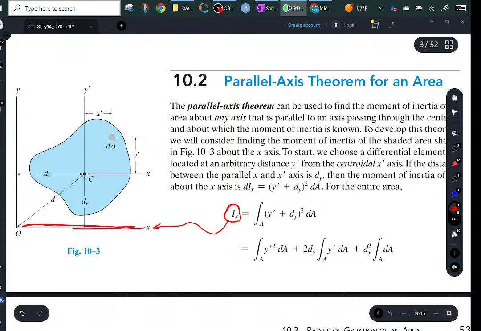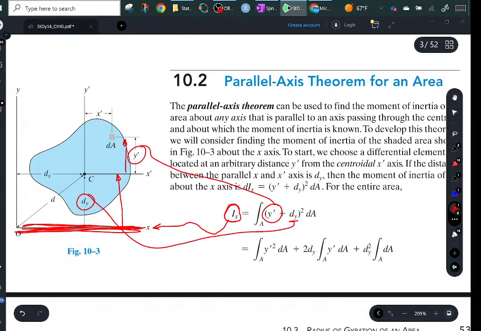So you take this line. I know my graphics are awful. I draw up to here, and then I draw up to here. This value is d y, and this value is y prime.